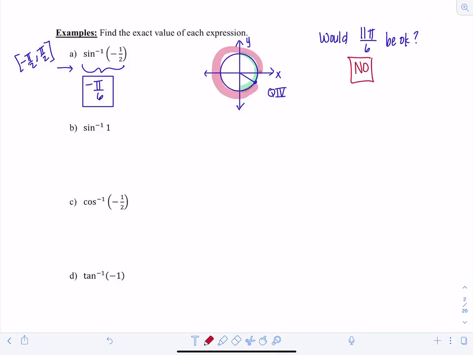No. Remember, 11 pi over 6 is not in the interval from negative pi over 2 to pi over 2. Okay, so even though it's coterminal with negative pi over 6, it's not within the interval. And remember, this inverse function is going to be 1 to 1, so you will not have more than one possible answer. Also, if you're not convinced, I'm going to scroll up to the graph really quickly of sine.